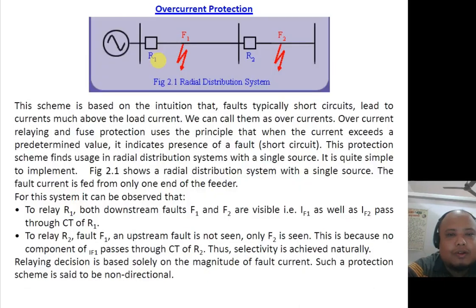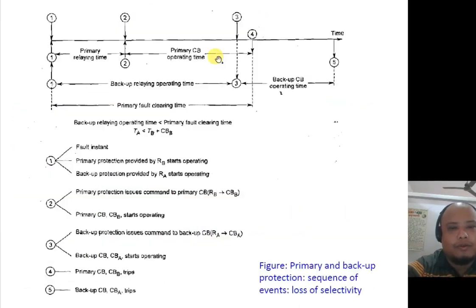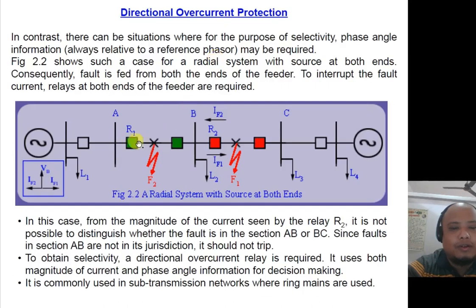Now this was non-directional overcurrent protection. For directional protection, there are two sources, say, and there are two line sections AB and BC. For AB, there are two relays at the two ends. Similarly, for line section BC, there are two relays at the two ends of the line section BC.